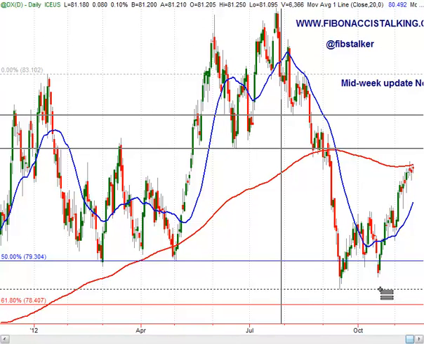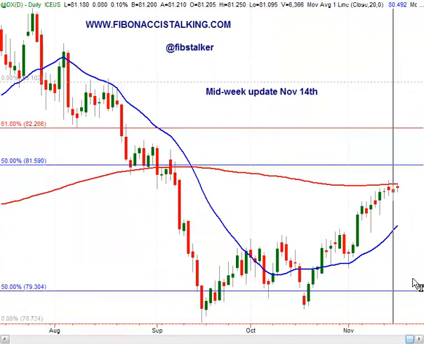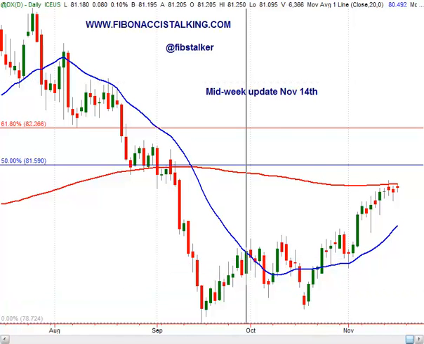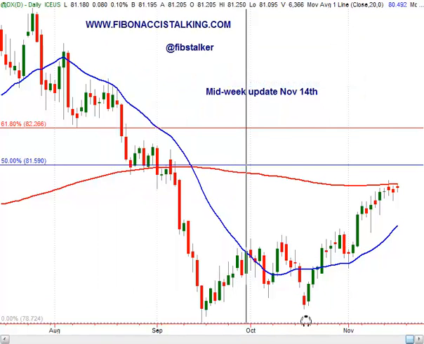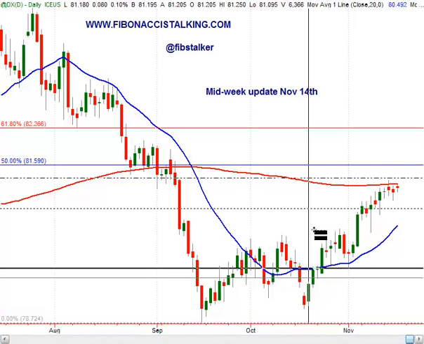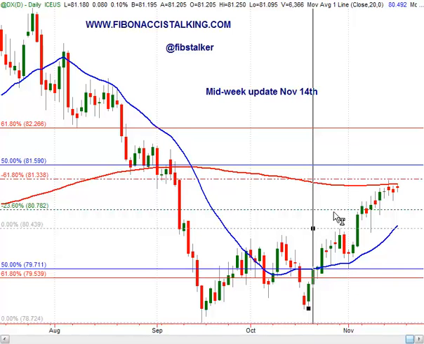The price of the dollar index could still move higher into the 81.60 area, as we said in the past. Looking at the measured moves we had in the last few days and weeks, you will remember I indicated this measured move here, which had target in the 80.70 area.